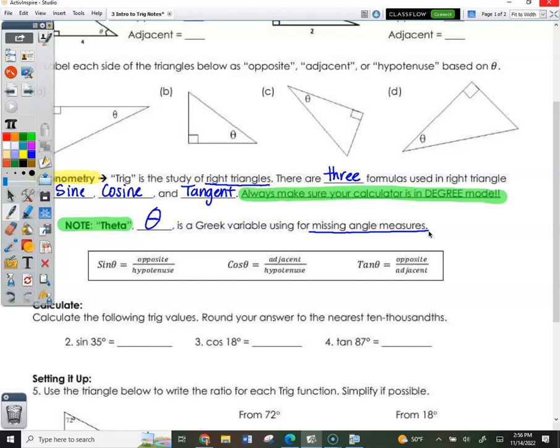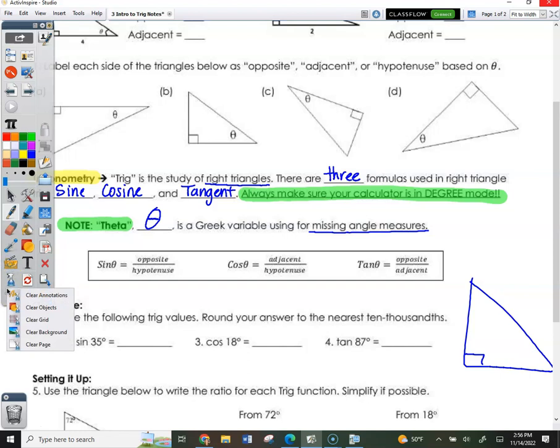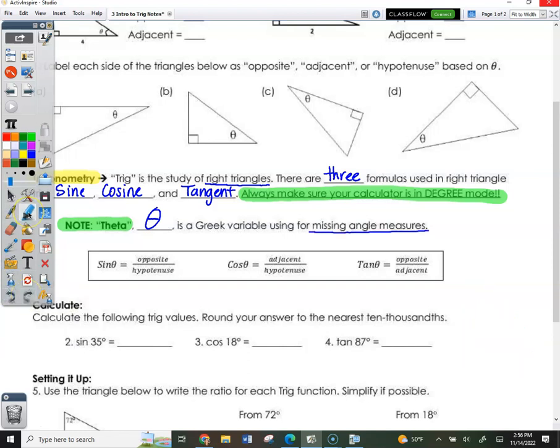Look, y'all. Instead of X degrees, no more. It's going to say theta. That's it. And it means, hey, that angle's missing. I don't know what it is. It's a variable.